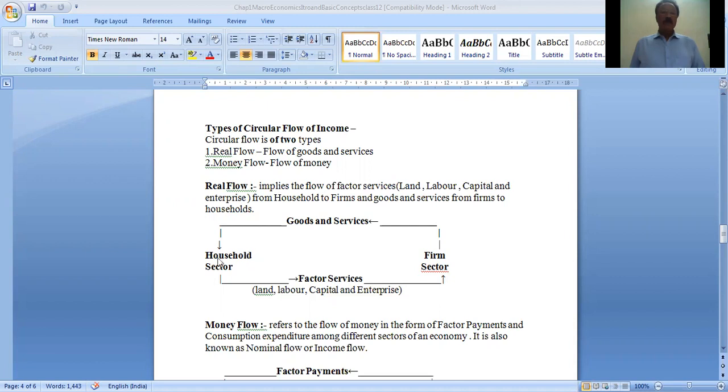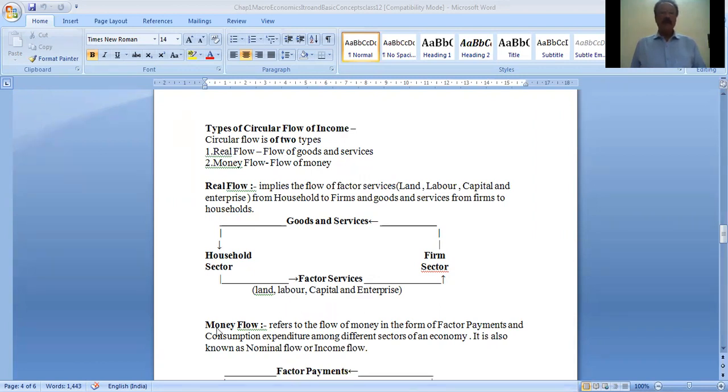The household sectors provide factor services, which are land, labor, capital, and enterprise, to the firm sector. And in return, the firm sector gives back goods and services to the household sectors.